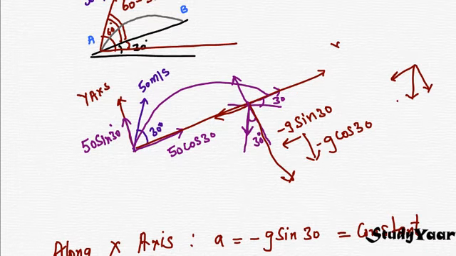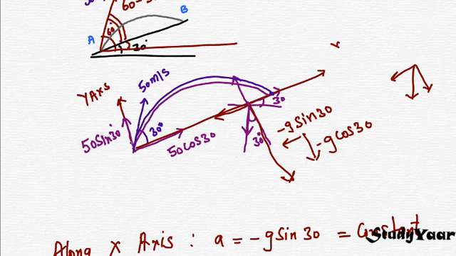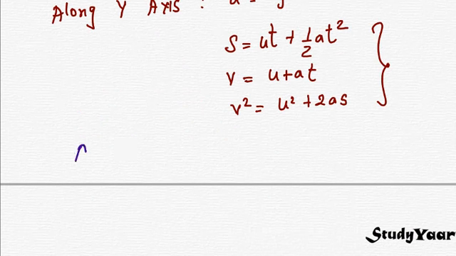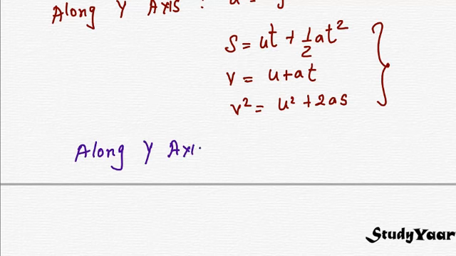If you look at this figure, you would realize that the net displacement in y direction is 0. It starts from 0, 0 and it ends at a point which has a y displacement equal to 0. Therefore I can say that along y-axis at point B, what is your point B?